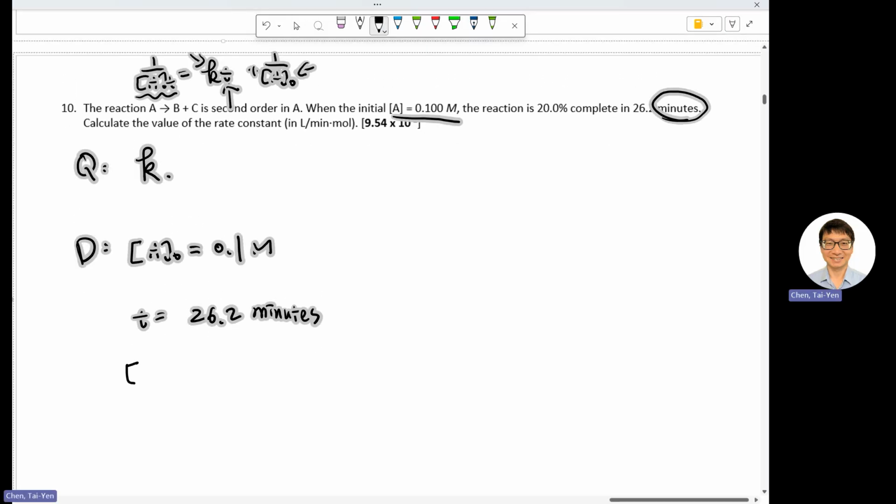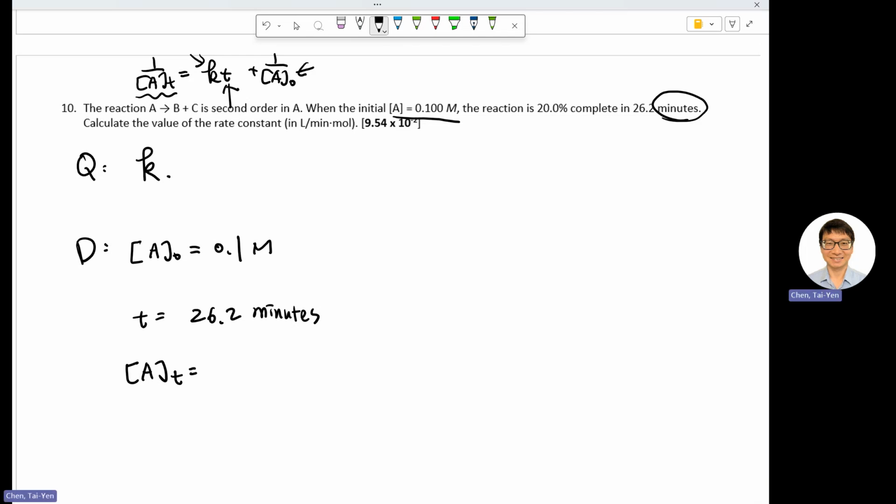So how do we figure out the concentration for A at time T? So what's the value provided over there? 20% complete. Okay, so on A, the concentration of A, you want to find out what? The remaining concentration. Okay, so 20% complete means 80% remains, right?